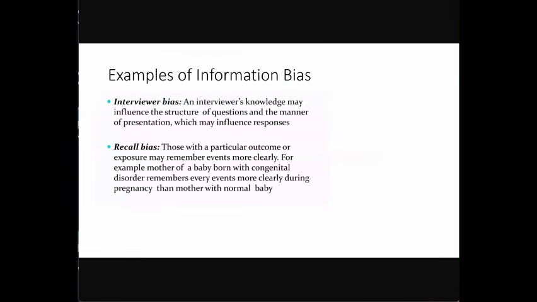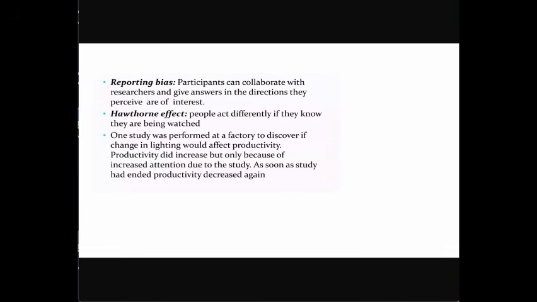There are ways you ask people questions, they know what you want them to say, and they give it to you that way. Then reporting bias. Participants can collaborate with researchers and give answers in the direction they perceive are of interest. That is desirability bias.